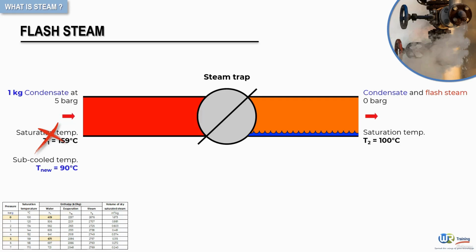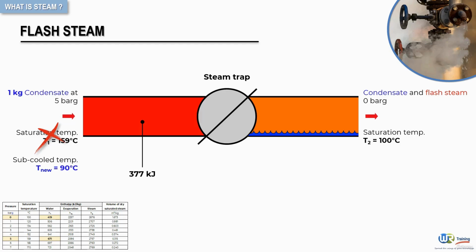In this case, the sub-saturated water table will show that the liquid enthalpy of 1 kg of condensate at 5 bar gauge and 90 degrees Celsius is 377 kJ.